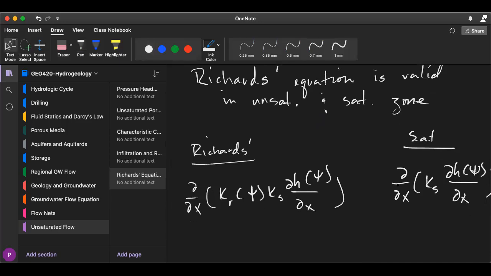So there's a subtle but incredibly important difference between these two. And the difference is that in the Richards equation, my parameter set depends upon my dependent variable.